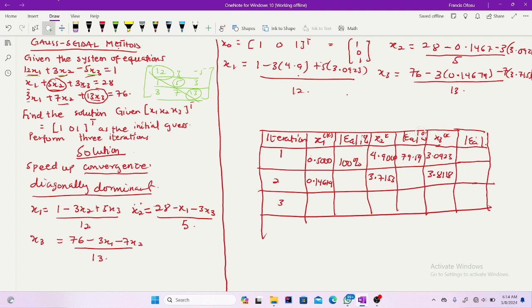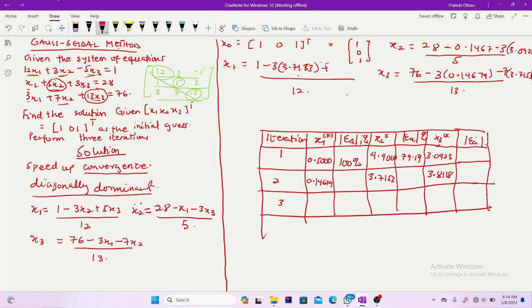Now we finally move to the third iteration. With the third iteration, my x1 will simply be 1 minus 3 times our current x2. Current x2 is what? 3.7153.